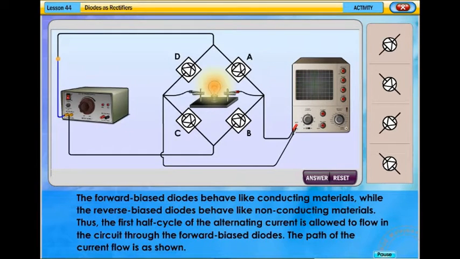The forward biased diodes behave like conducting materials, while the reverse biased diodes behave like non-conducting materials. Thus, the first half cycle of the alternating current is allowed to flow in the circuit through the forward biased diodes. The path of the current flow is as shown.